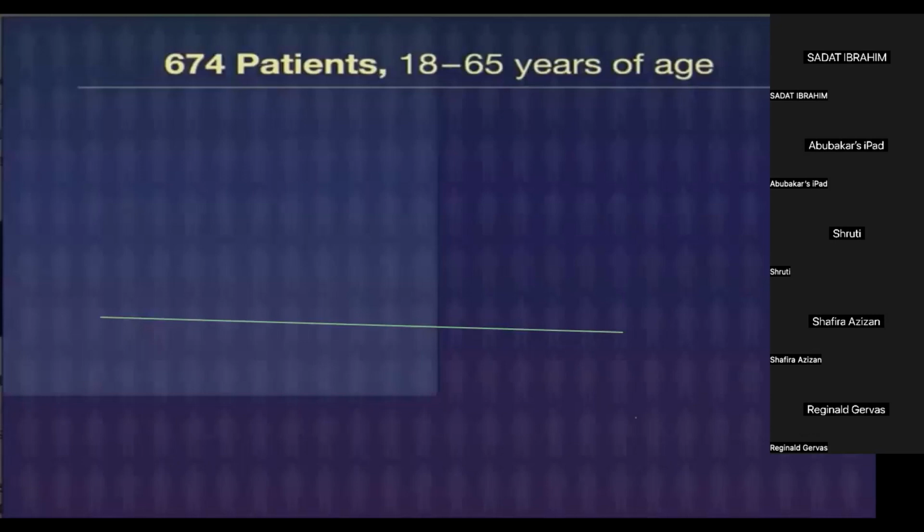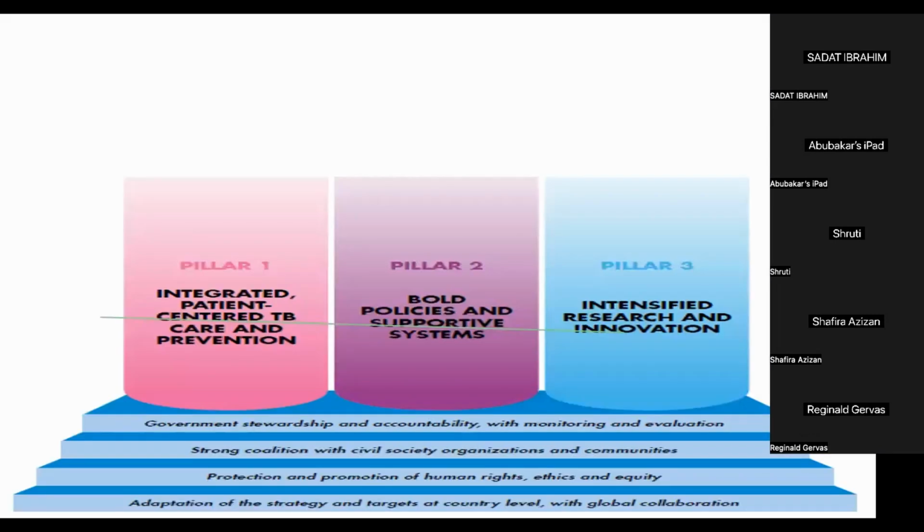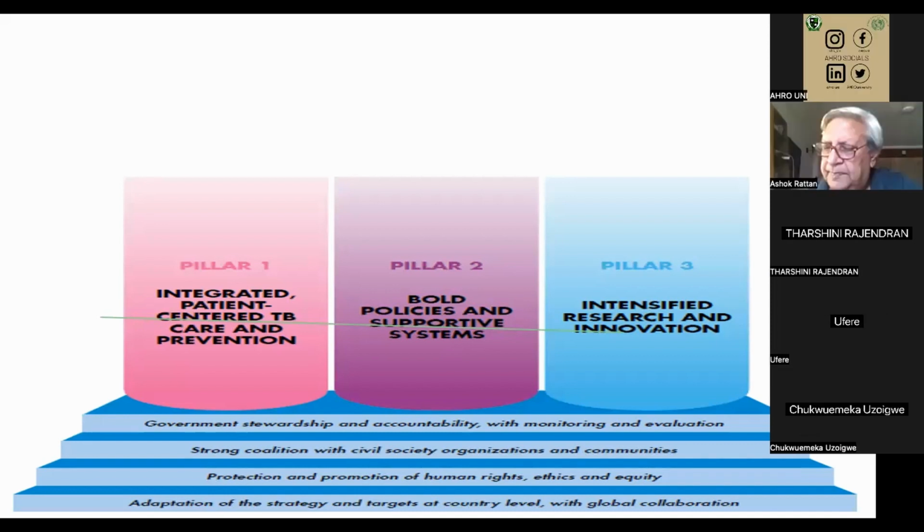So as you see here, Pillar 1 was integrated patient-centered care and prevention. Pillar 3 is intensified research and innovation. And now what is required is Pillar 2 to be activated.